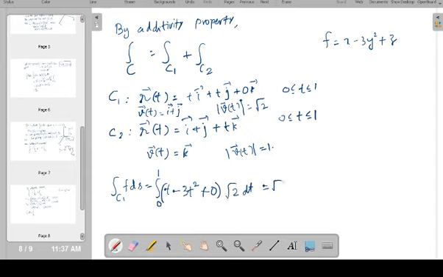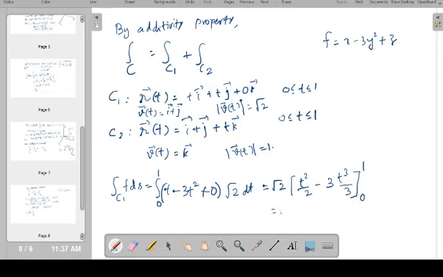So which is equal to root 2 into t square by 2 minus 3 into t cube by 3, between the limits of 0 to 1.